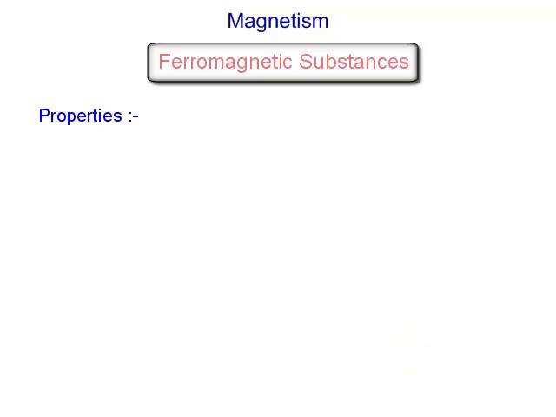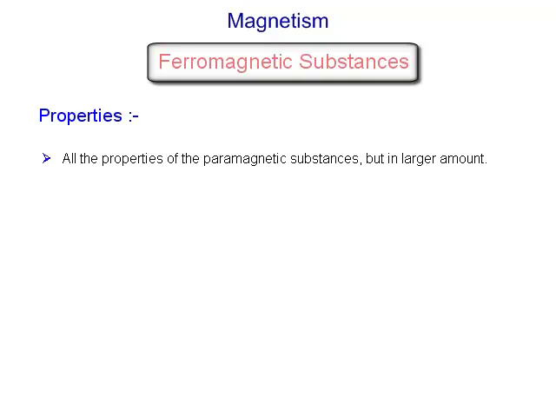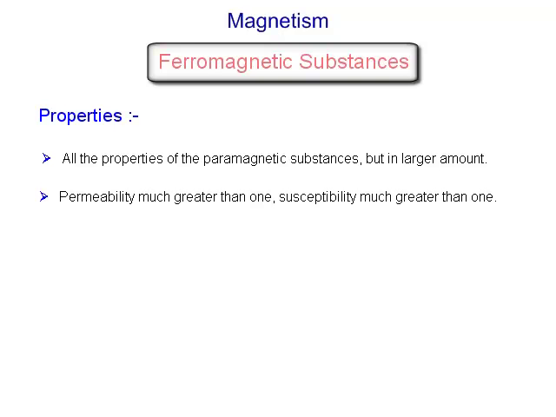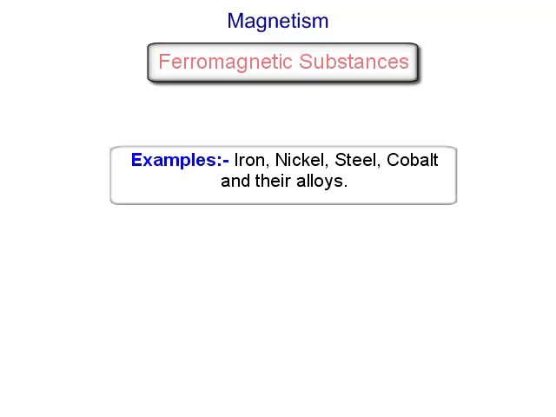The properties of ferromagnetic substances are like paramagnetic substances, but they are in larger amount. The magnetic permeability of these substances is much greater than 1 and the susceptibility is also large and positive. Iron, nickel, steel, cobalt and their alloys are ferromagnetic in nature.